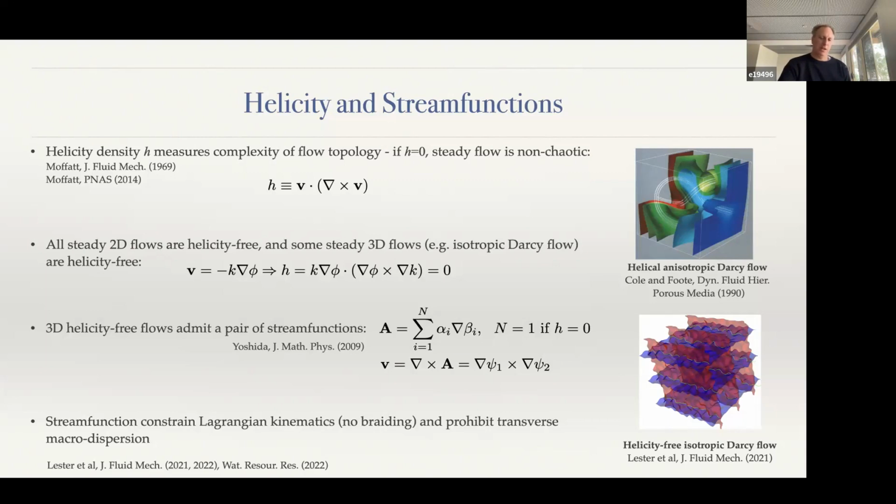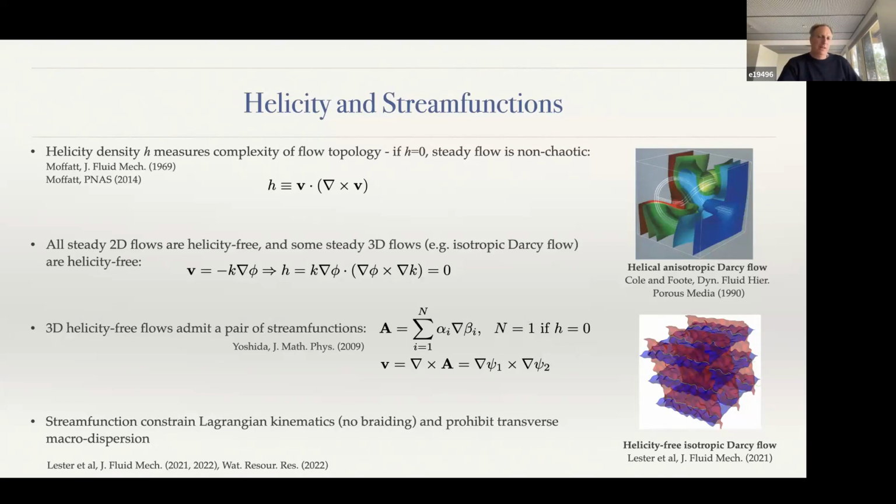Essentially, because we have two invariants in a steady three-dimensional flow, then this flow is integrable, i.e. it's non-mixing, and it can be described in terms of streamlines that do not braid.